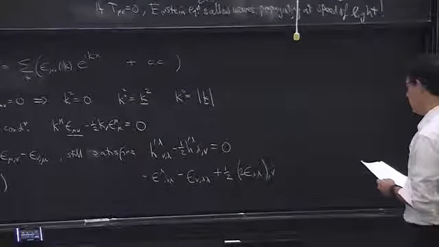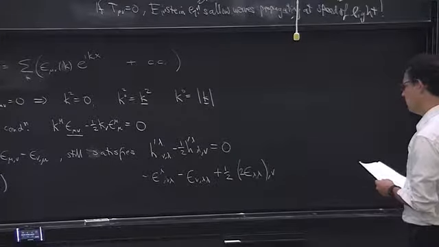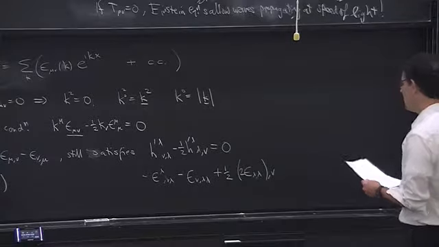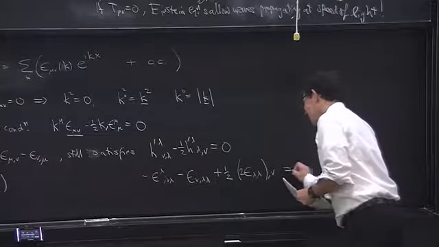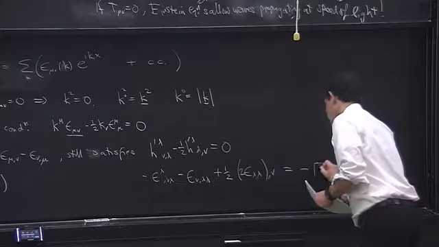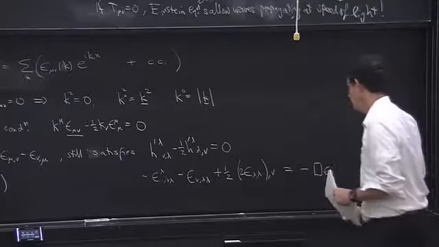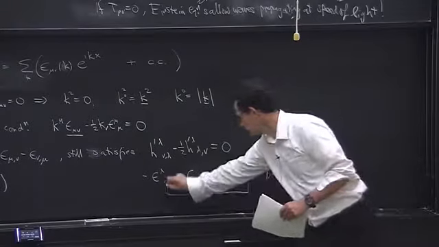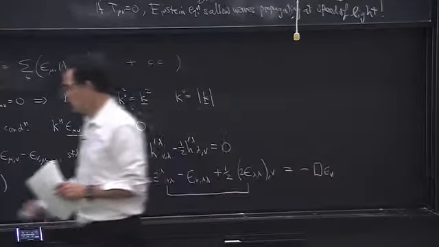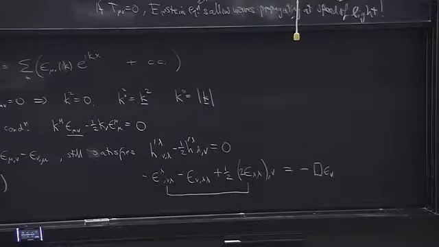And now if there's any justice in the world, this should be 0. Sorry, it's not 0. This is equal to minus box epsilon nu, right? Because this term cancelled this term. And what I'm left with is box epsilon nu. But box is just k squared. And k squared was 0.